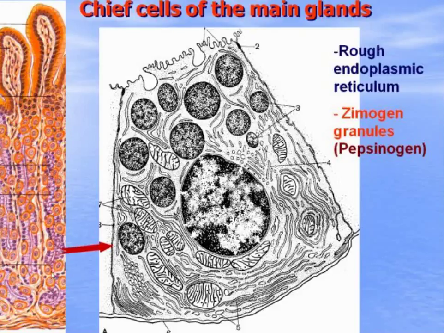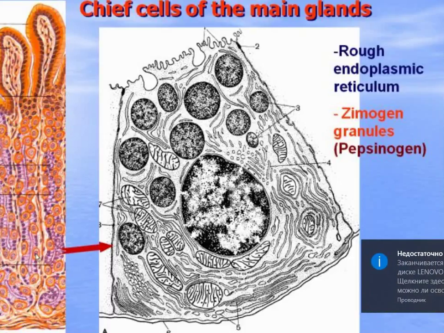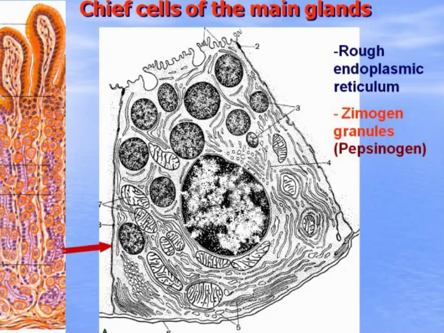They are basophilic, stained by hematoxylin in the preparation. They are violet in color because there is a lot of RNA, ribosomes, and cytoplasm located on the surface of rough endoplasmic reticulum canals. They produce protein for export, called pepsinogen.